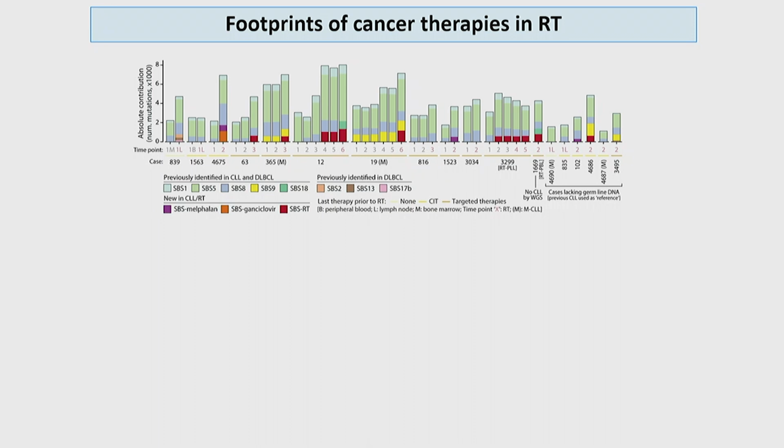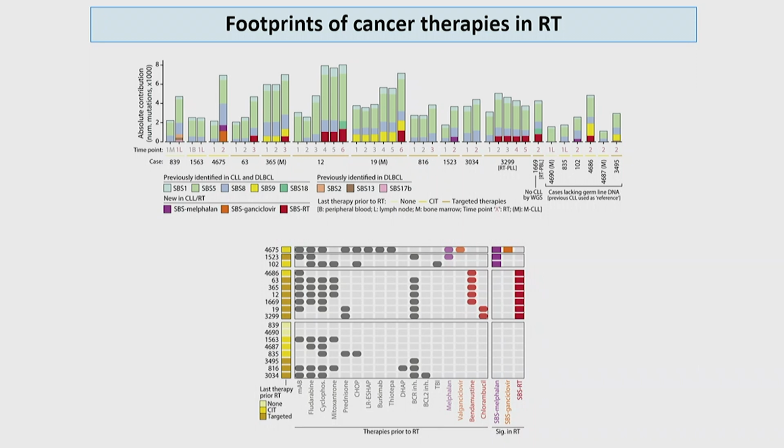These mutations are here in red, and what you see is that they are acquired during the evolution of the disease, because in none of the patients did we find these mutations at the beginning, only at the Richter sample, but in some patients they were also in samples before we could call Richter.